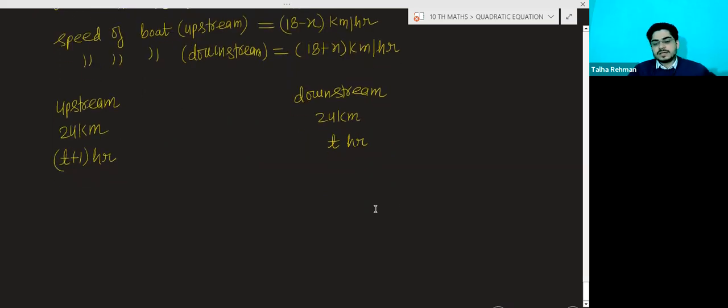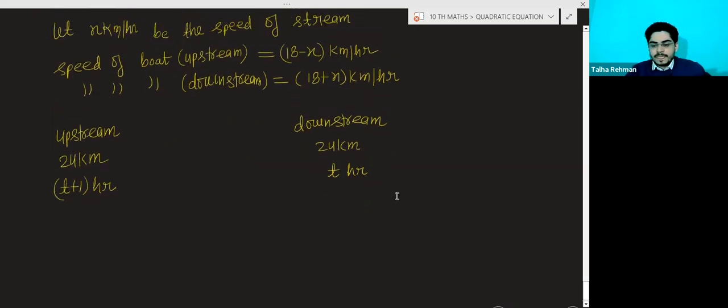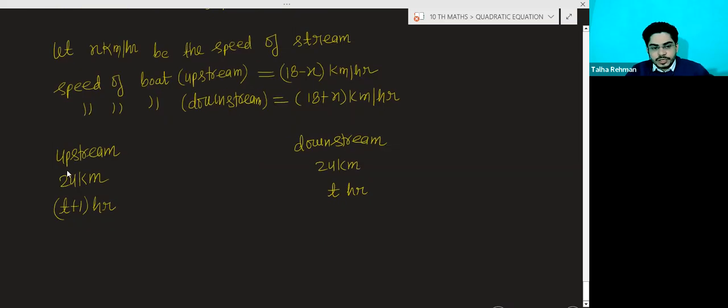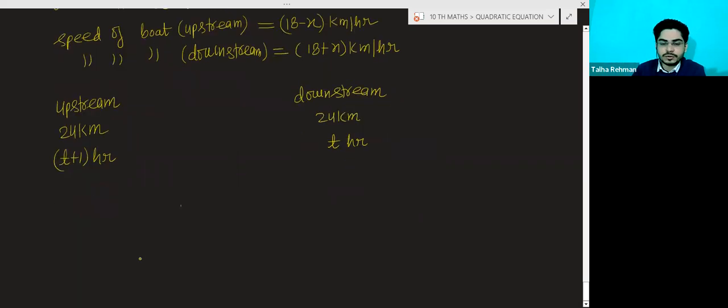Now it is very easy. The boat is moving 24 kilometer upstream and also 24 kilometer downstream. So distance is equal to speed into time.